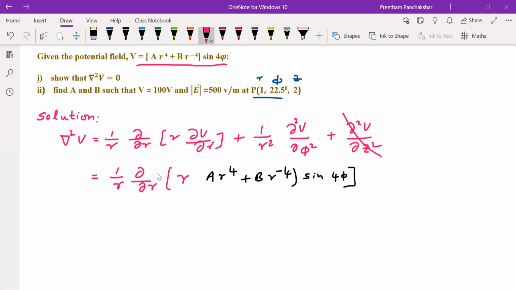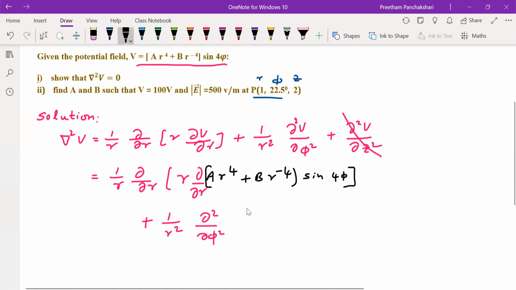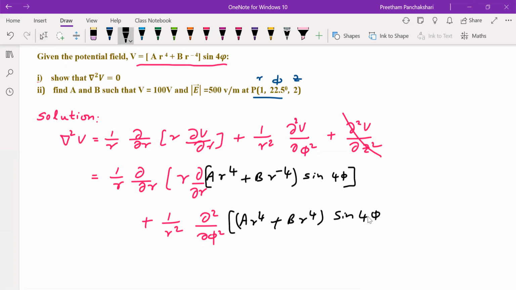One by R, dou by dou R, dou by dou R of the given V. Next, the second term plus 1 by R square, dou square by dou phi square of same V, A R power 4 plus B into R power minus 4 into sine of 4 phi.